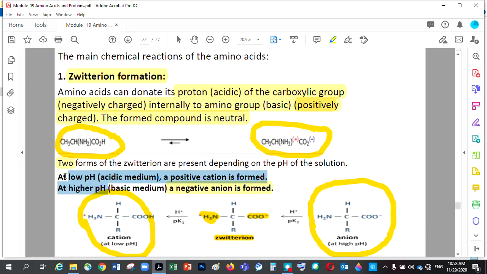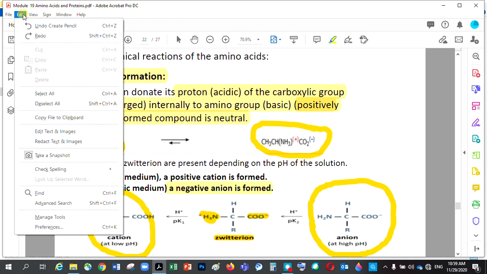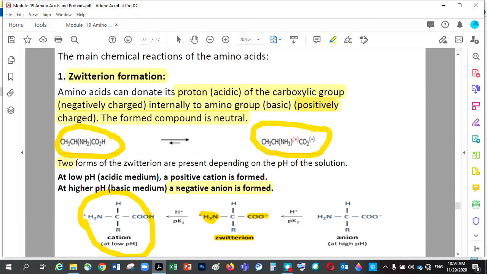So here it is. When the pH is very low and you have a high amount of acid present, so very acidic, lower pH, this is the structure here, correct? And if you have a very basic solution, then the anion is preferred.